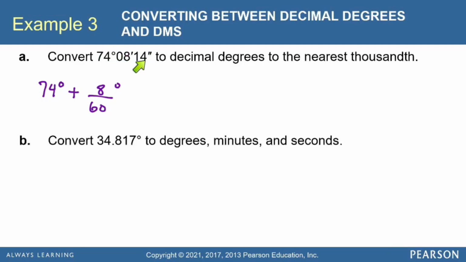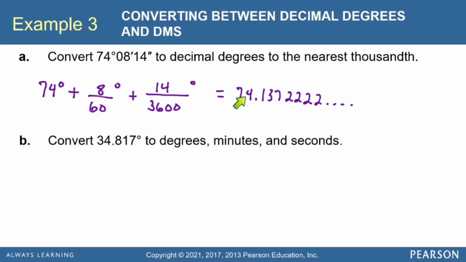So these 14 seconds represent 14/3600ths of a degree. And now we can just add degrees. So on your calculator, 74 plus 8 divided by 60 plus 14 divided by 3,600 equals 74.13722222, and that's in degrees.